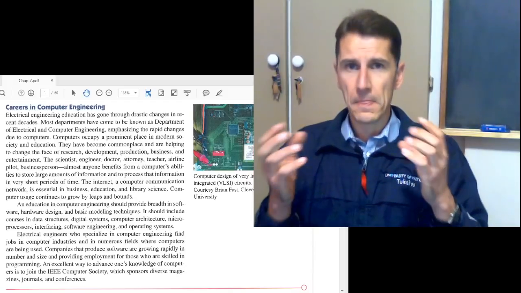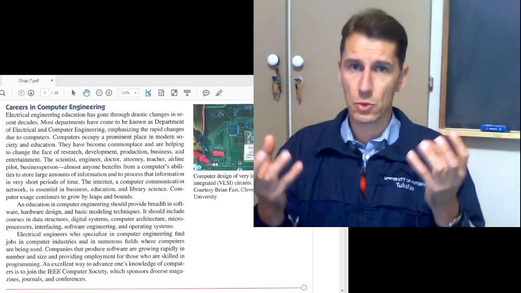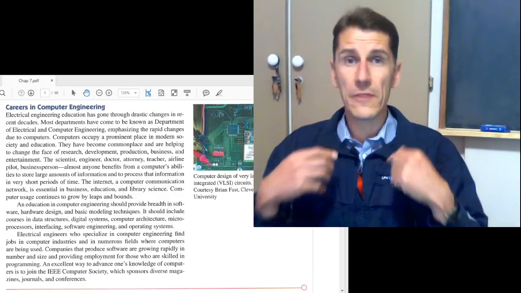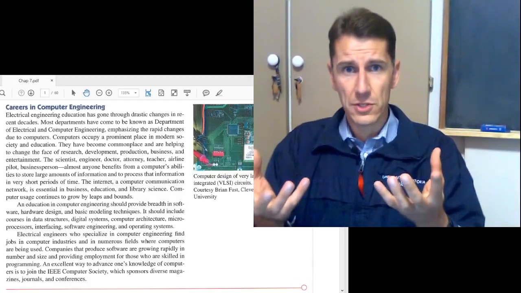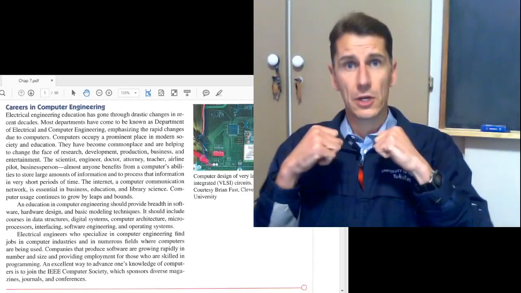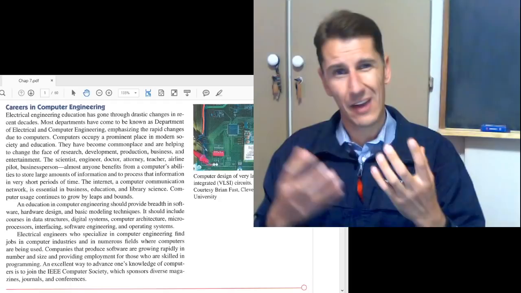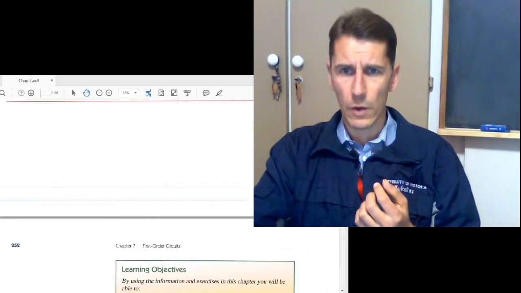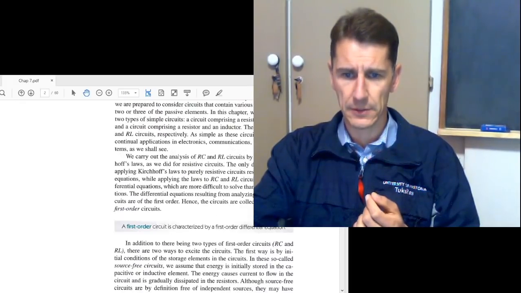Between the RL and the RC circuits, with and without the source, we're going to see what the transient response is. In other words, when the source kicks in to the circuit or is taken out of the circuit, how do the voltages and the currents respond? That is primarily what this chapter is going to be about.